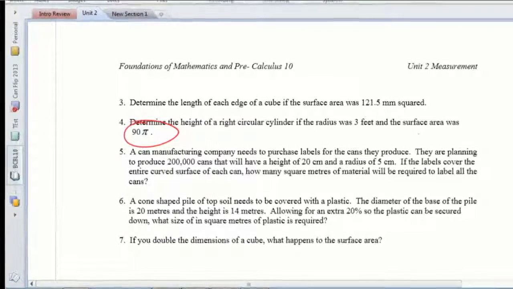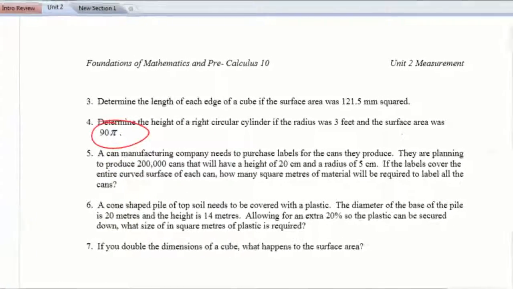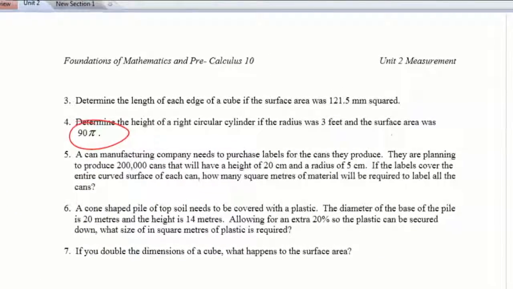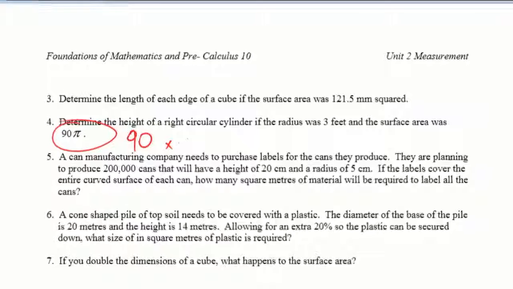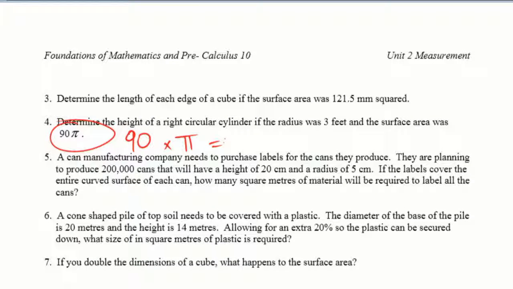Don't be confused by the 90 and the pi being together. Essentially, if you plugged into your calculator 90 multiplied by pi, it's going to give you something like 280, I don't know exactly what it is, just guessing there.